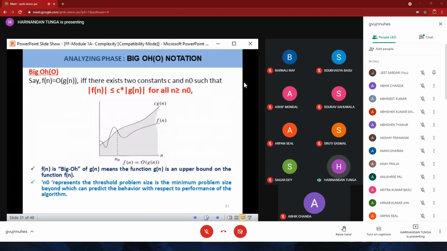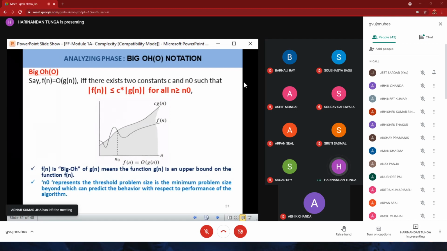Now the definition of Big-O notation. All of you know the definition. Say f(n) and g(n) are positive integer functions, growth of functions.